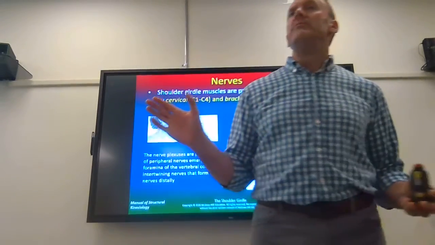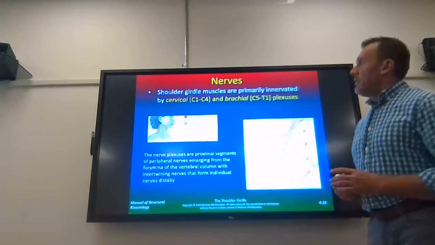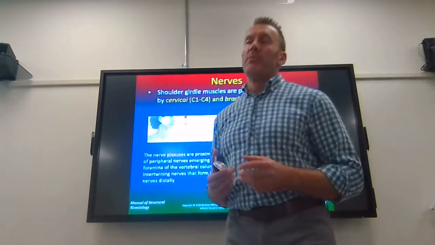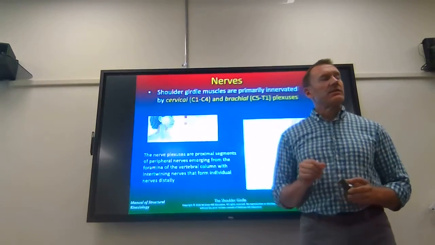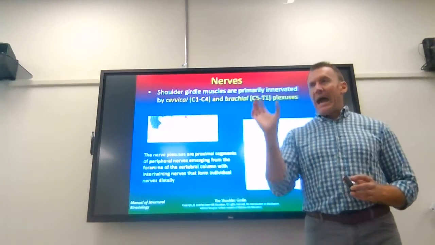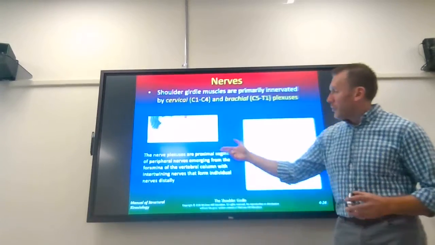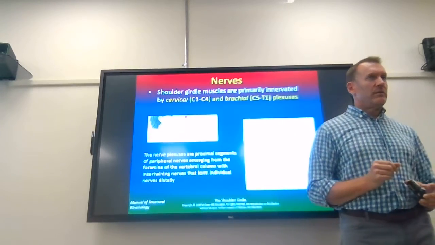Okay, so everybody good on that one? So that's really the only, well, I won't say only, but the primary muscle that has innervation from the cervical plexus. So these plexuses are aggregations of nerves. The official definition is: proximal segments of peripheral nerves.